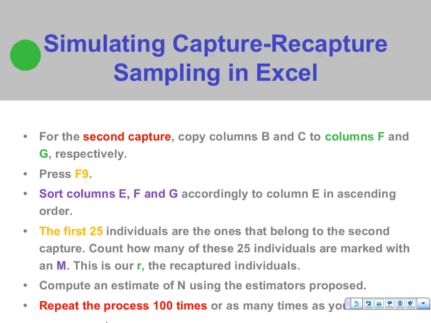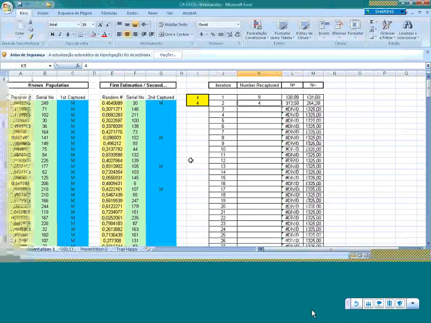So we can repeat this many, many times. I've done this 100 times, for example. But what I usually do with my students, and you can do it the way that will work in your class, is that they do 3 or 4 times each of them, and then they come to my computer and fill in the values.